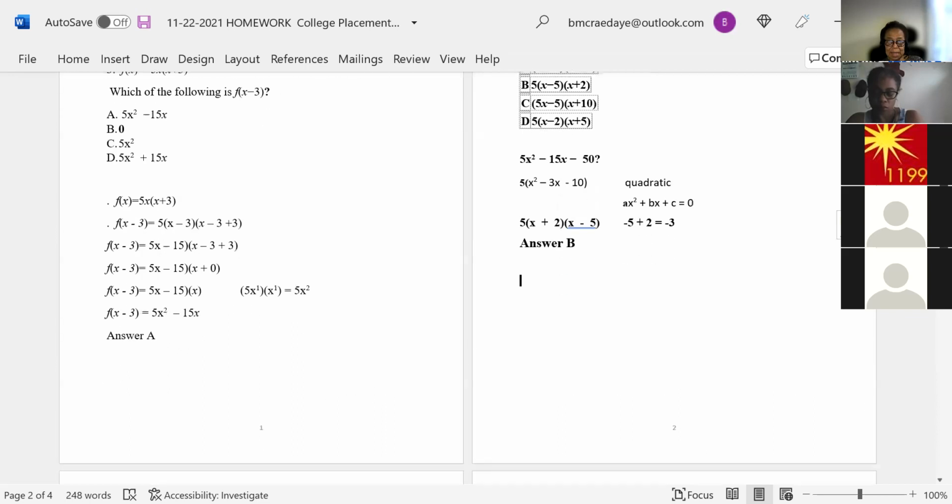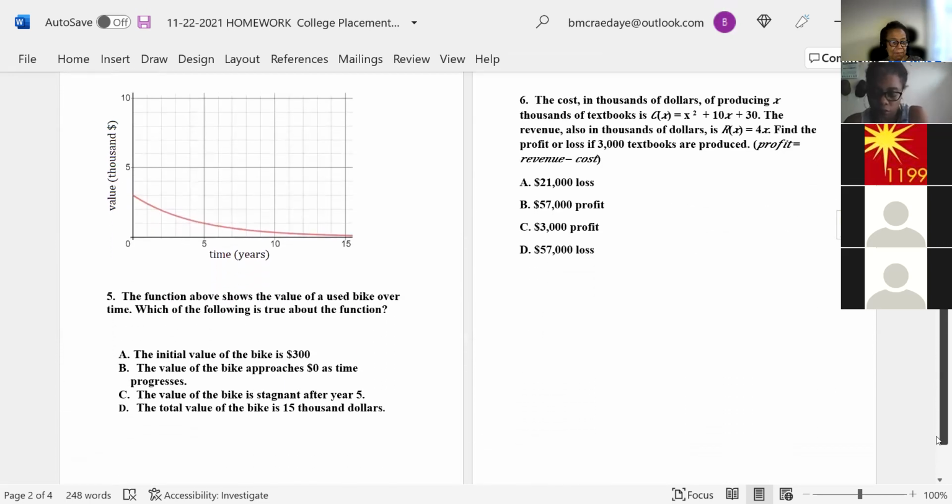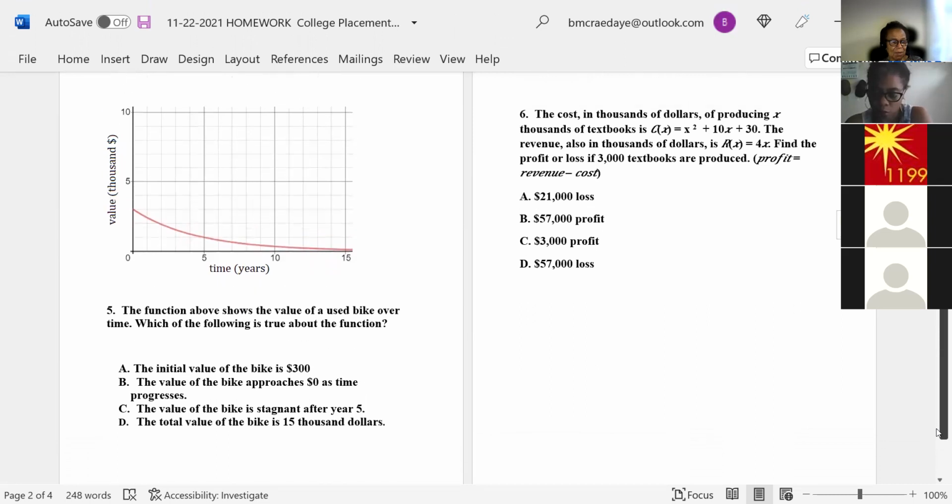Okay, let's look at number 5. Oh, too bad you can't see this, Alba, the graph. We have a graph here of the function above. It shows the value of a used bike over time. Which of the following is true about the function?